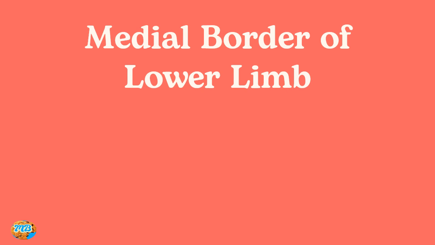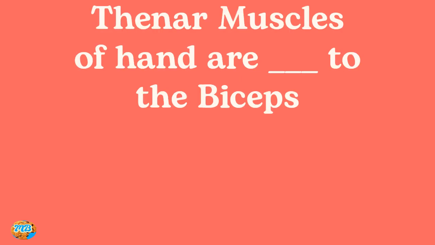Medial border of the lower limb. Once again, using the mnemonic, you are too fast. The tibial region is the medial border of the lower limb. Thenar muscles of the hand are blank to the biceps. Thenar muscles of the hand are distal to the biceps.